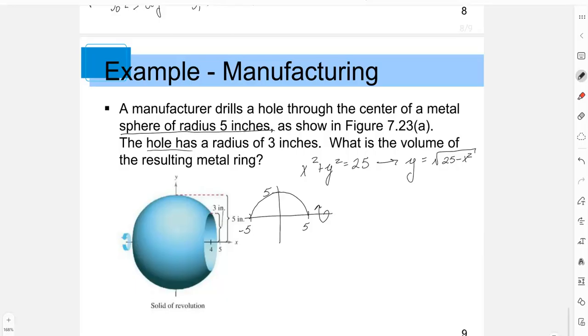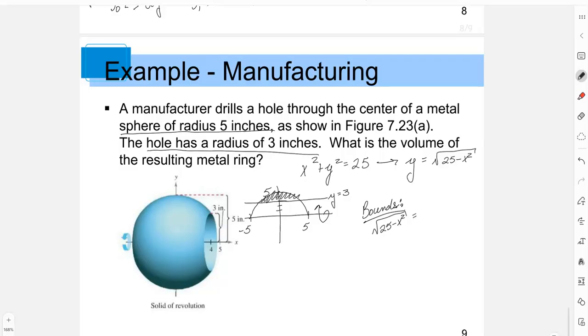Okay, but we need a hole that has a radius of 3 inches. So if I were to create a line here, y equals 3, and I were to rotate this piece, it would form the figure that I'm looking for. So let's figure out bounds. I'm looking at the square root of 25 minus x squared, which is the top half of that circle.